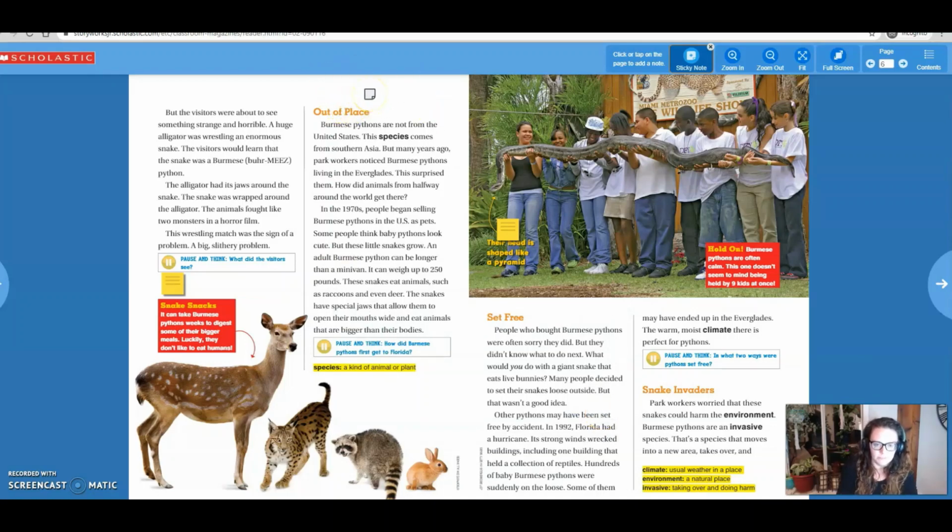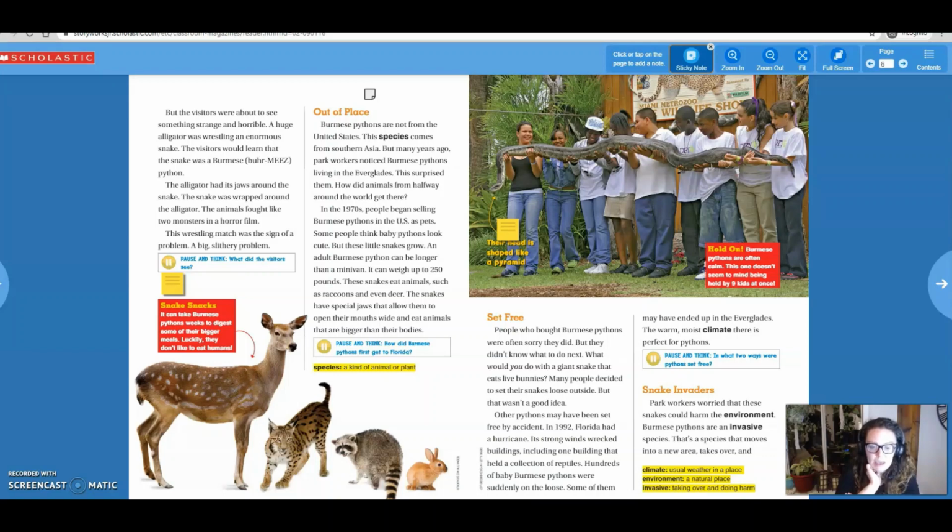Out of place. Burmese pythons are not from the United States. Okay, this species comes from southern Asia, but many years ago, park workers noticed Burmese pythons living in the Everglades. This surprised them. How did animals from halfway around the world get there? In the 1970s, people began selling Burmese pythons in the U.S. as pets.